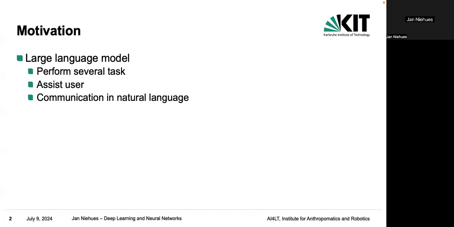So when we're looking at large language models, they have several very interesting properties. One definitely super exciting thing is that they are no longer there to only perform one special task. They're not only there to recognize whether this is a cat or a dog and classify them, but a wide variety of tasks can be solved by the models.